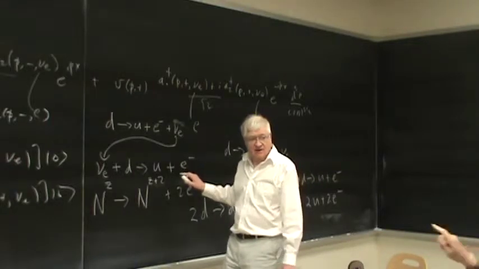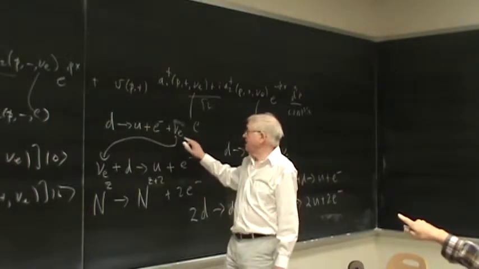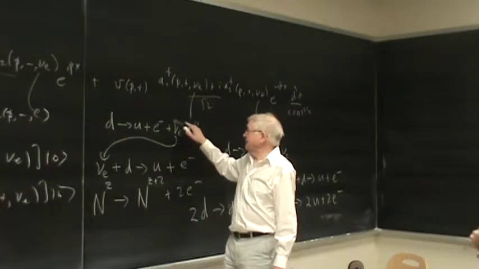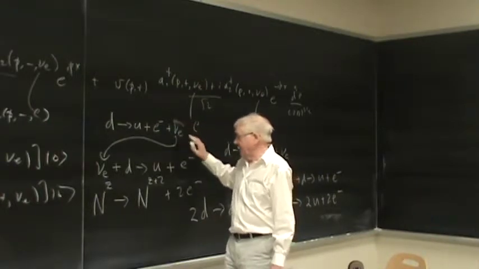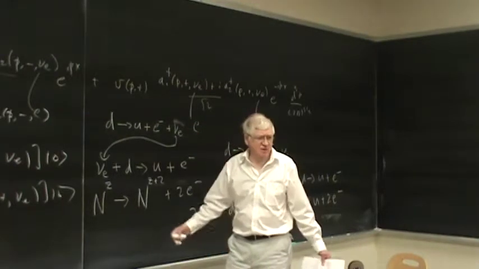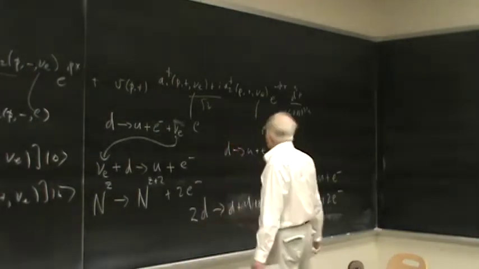Oh, the neutrino in the first line has electron number minus, it would have lepton number minus 1. Okay, that's another way of saying it.